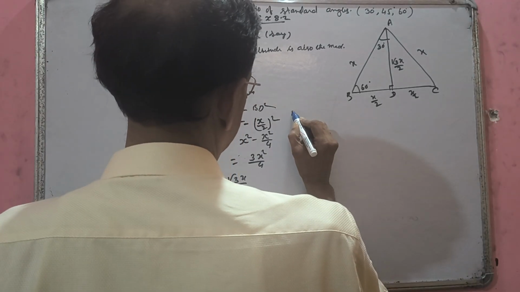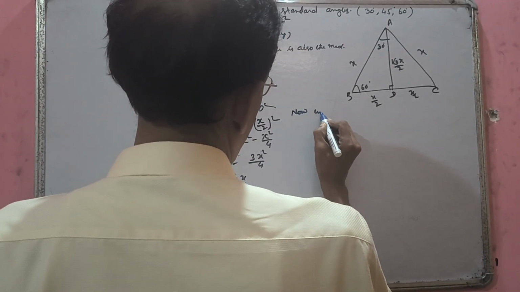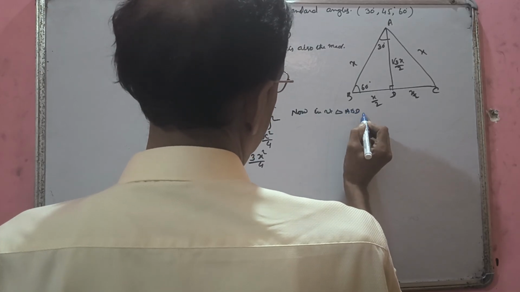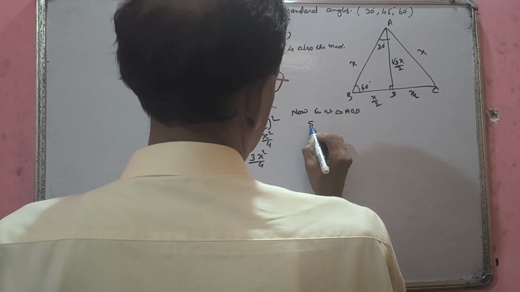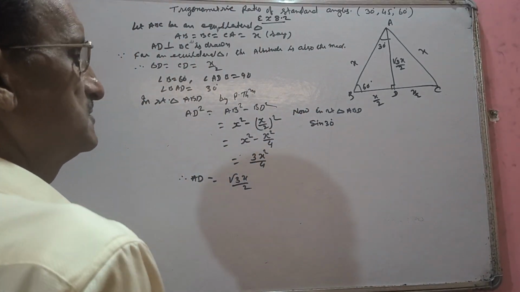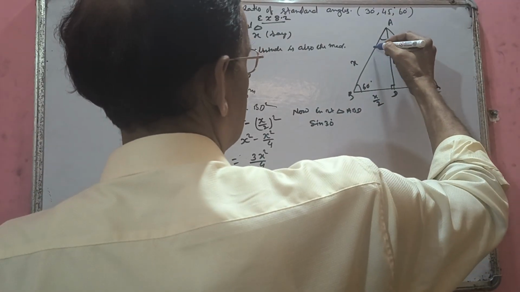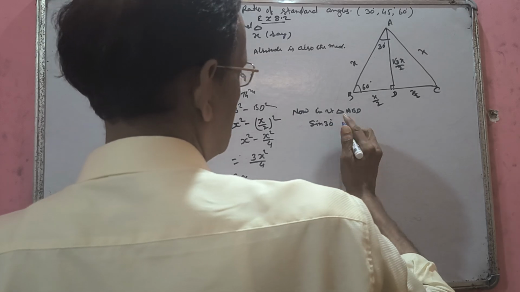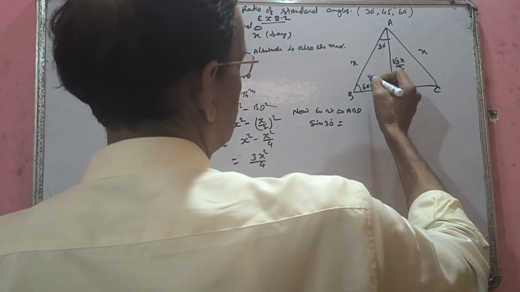Now, in right triangle ABD, what is sine 30 degree equal to? By the definition of the trigonometric ratio, this angle we need to consider. And what is sine theta formula? Opposite side by hypotenuse.